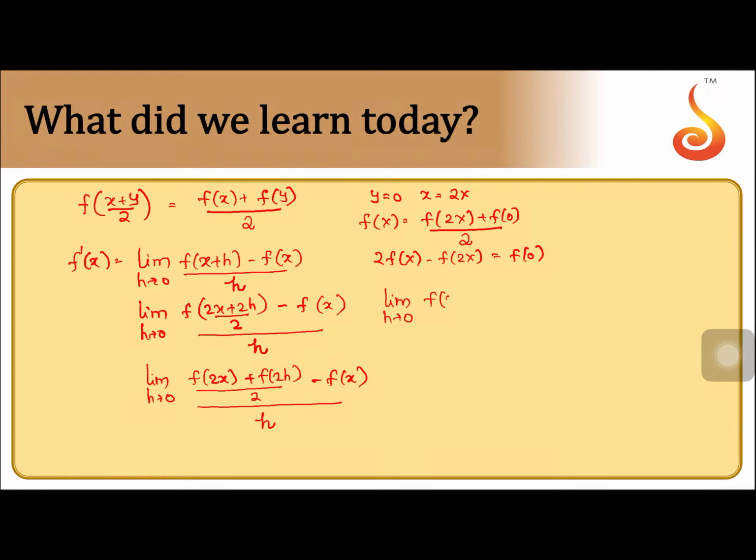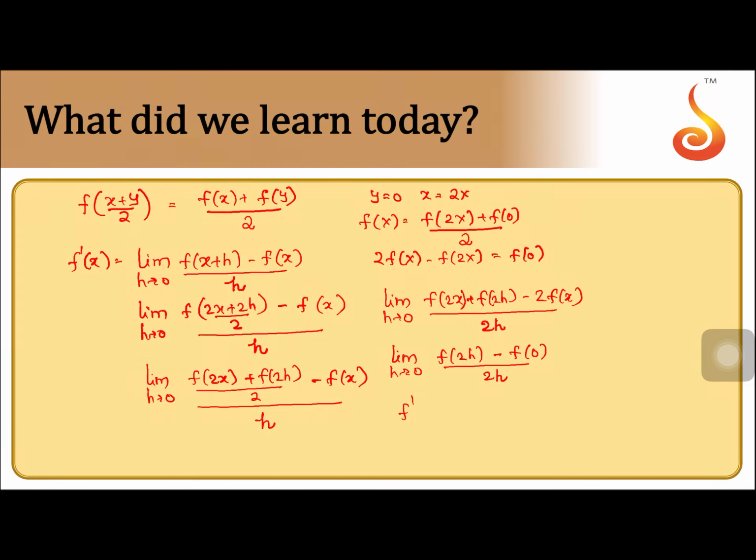So f(2x) + f(2h) - 2f(x) by 2h. Now f(2x) - 2f(x) is nothing but, limit h tending to 0 of [f(2h) - f(0)]/2h.